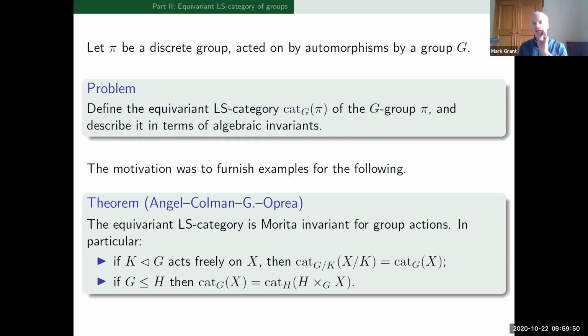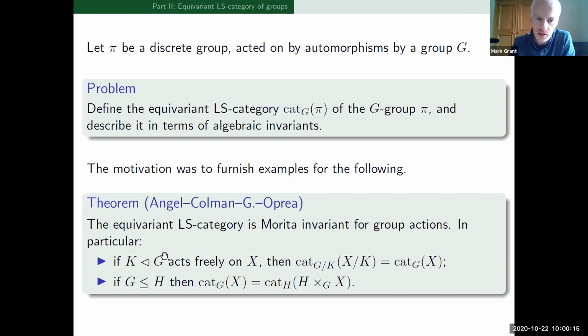And I want to mention here, the reason I first asked myself these questions was because with Andres Angel, Helen Coleman, and John Oprea, we proved that the equivariant LS category of spaces is a Morita invariant for group actions, which, unwrapping that, means in particular that it satisfies 2 conditions.